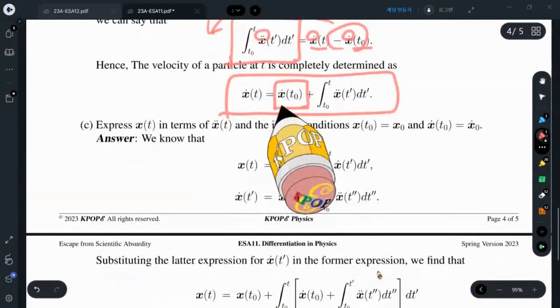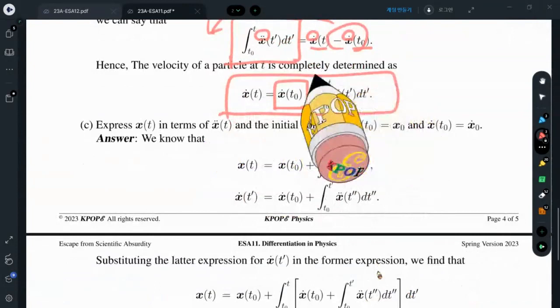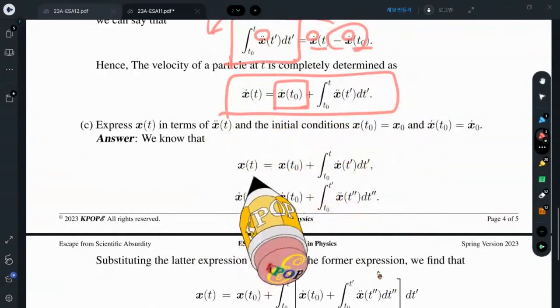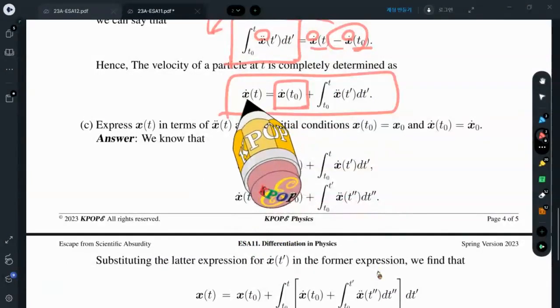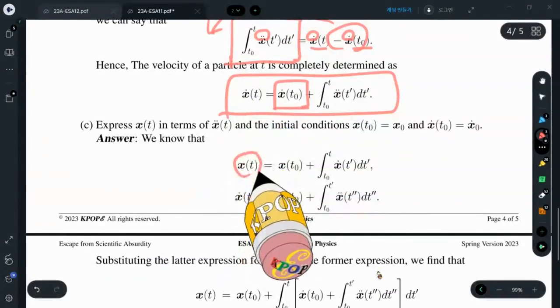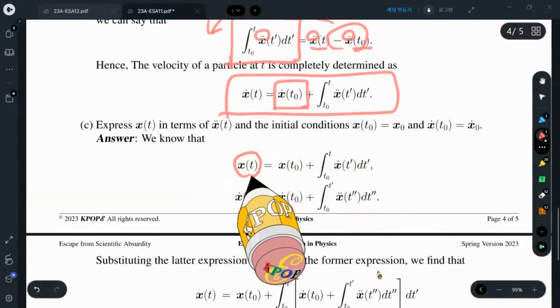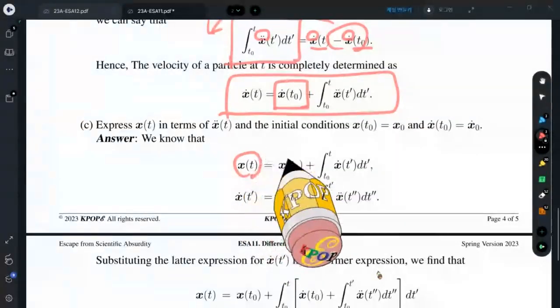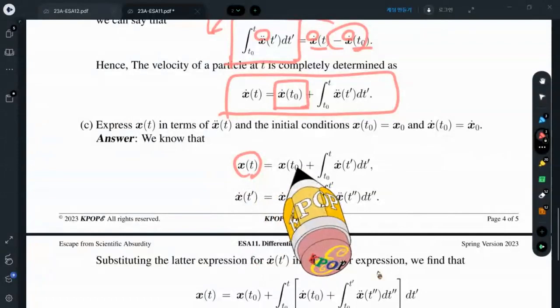And then we can integrate this equation one more time. Then, using similar method, this one is replaced with after integration and the difference. So this one has been moved from left to the right.